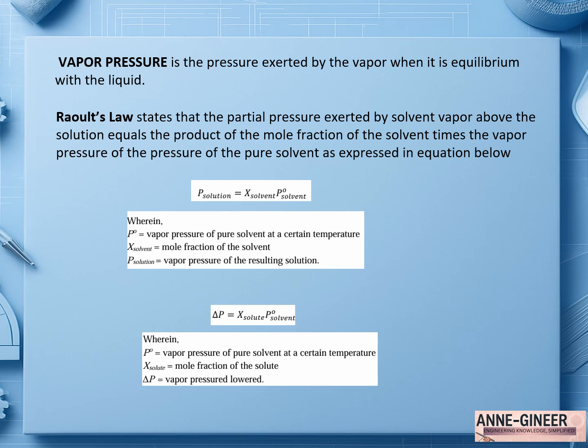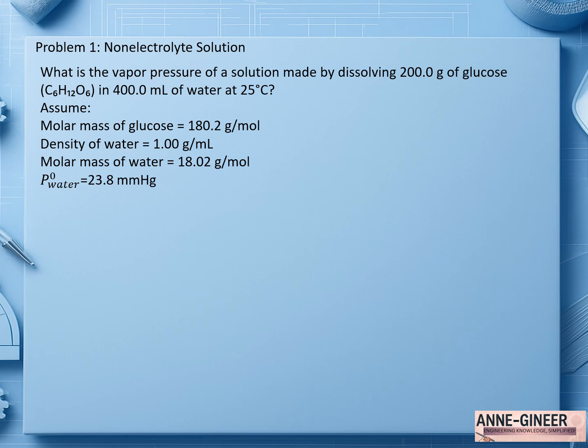We also have another formula below. It only changes from P solution to delta P, wherein delta P is the vapor pressure lowering. For example, for a non-electrolyte solution, what is the vapor pressure of a solution made by dissolving 200 grams of glucose in 400 ml of water at 25 degrees Celsius?